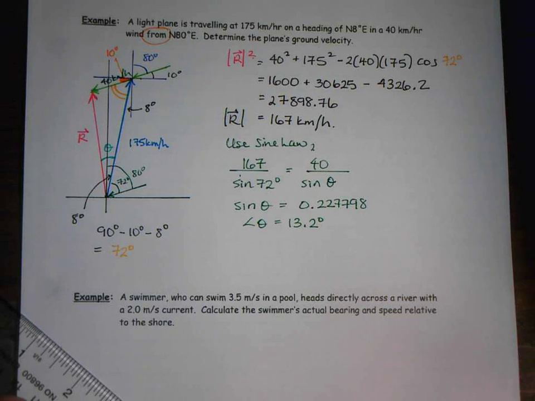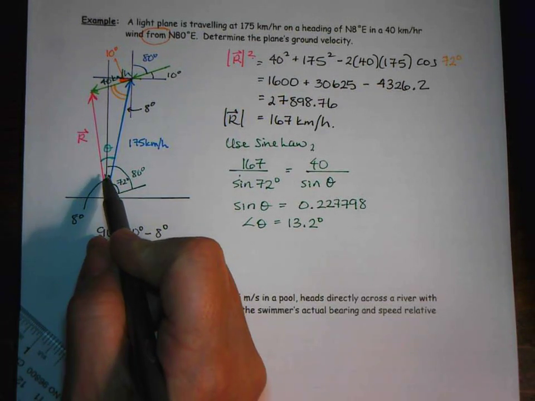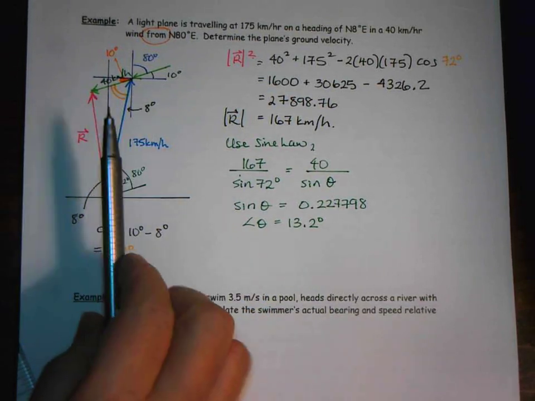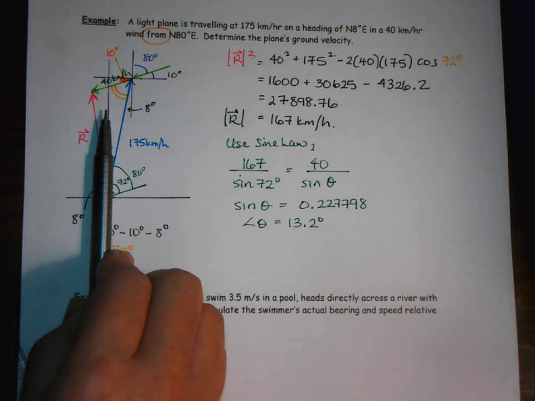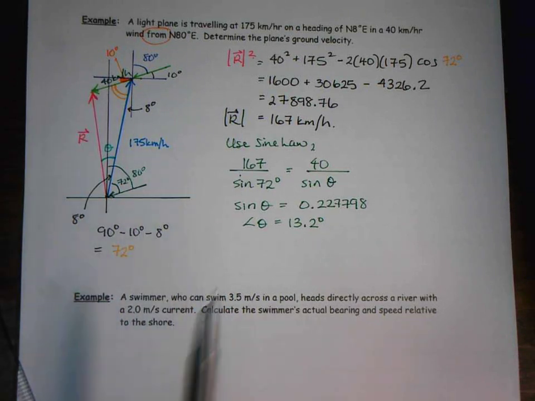So now we need to do a little subtraction. We need to subtract 8 degrees from that in order to get this angle here, and then we could say that the plane is flying at such and such ground velocity, so many degrees west of north.